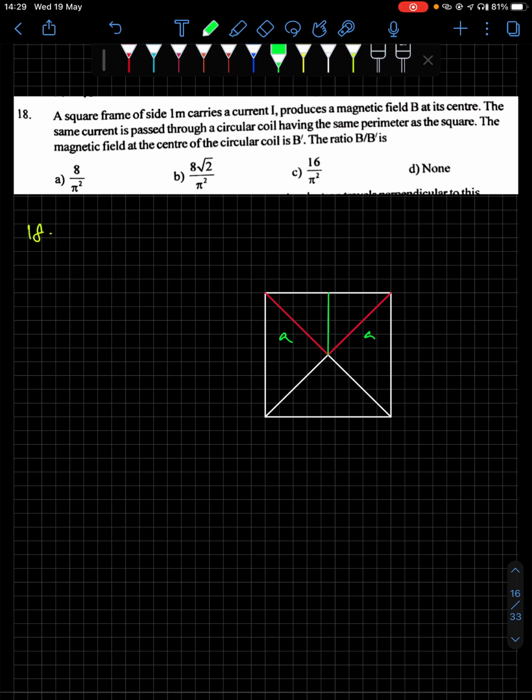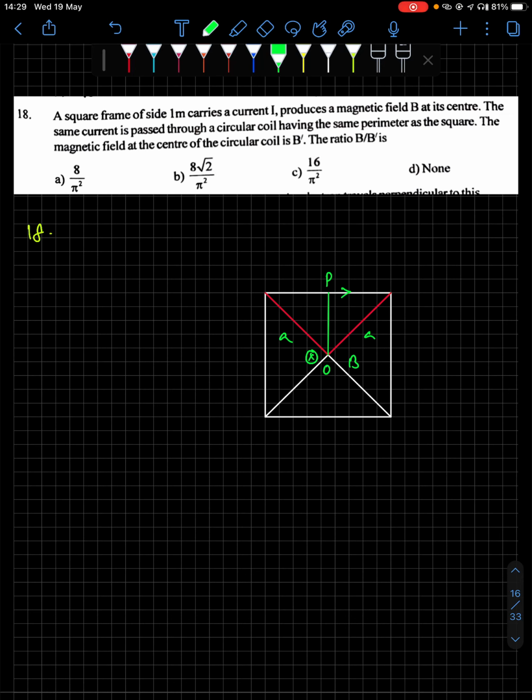The perpendicular distance is always required. So say this is O and this is P, then of course the magnetic field at O will be entering the page. So this field will be entering, therefore I'm putting a cross here. B will be entering the page because of the direction of the current. The direction of the current is this manner.